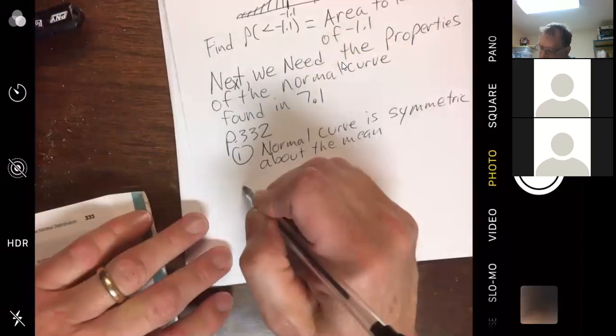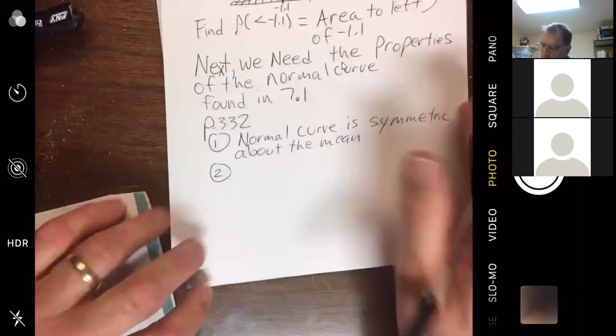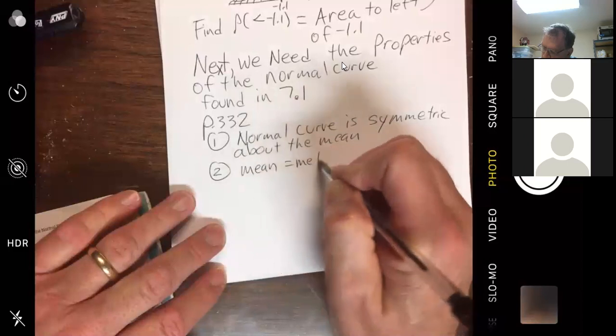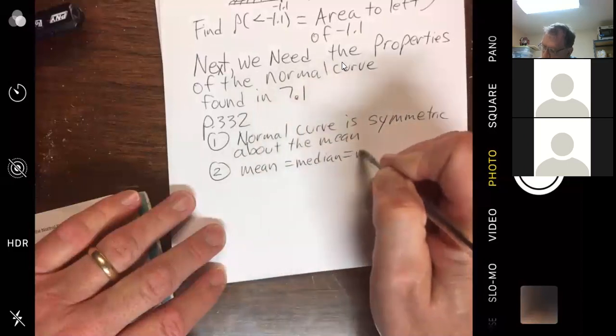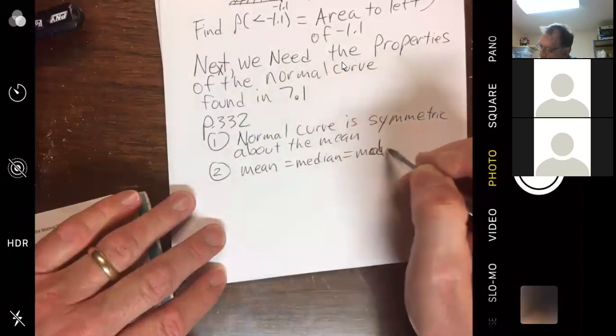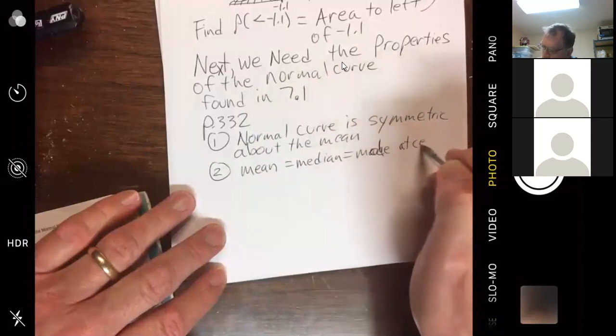Okay, number 2 says the mean equals the median equals the mode at the center. Y'all remember that?